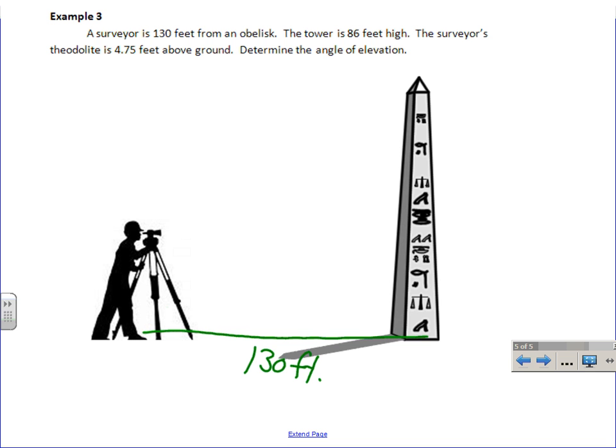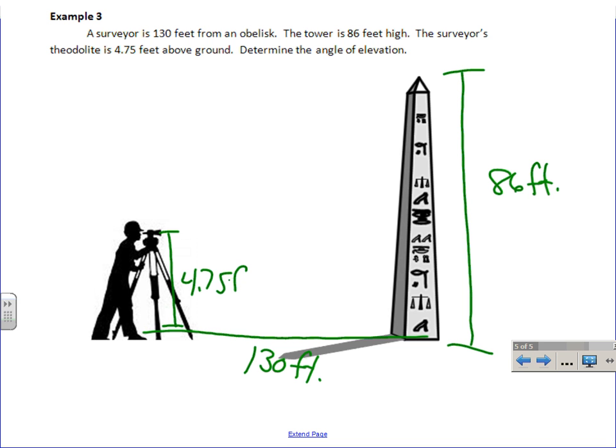We know that the tower or obelisk, whatever you want to call it, is 86 feet high. And we know that this thing right here is 4.75 feet above the ground. So this is not drawn to scale. Determine the angle of elevation.